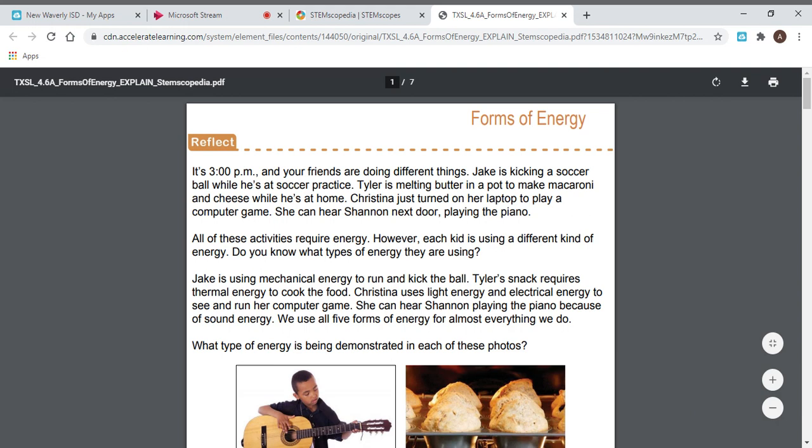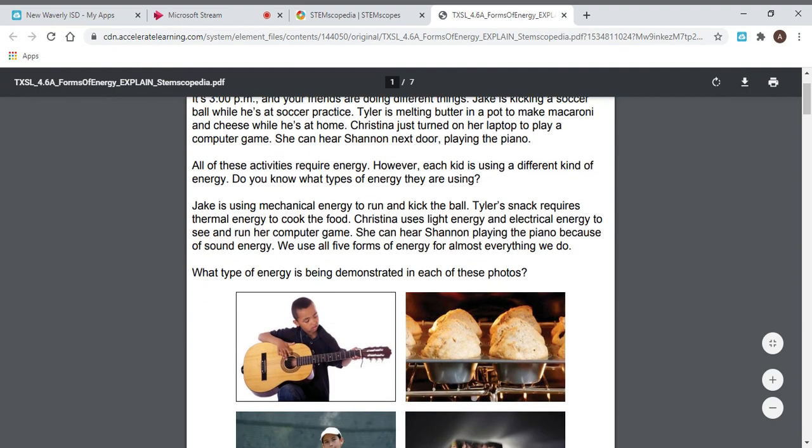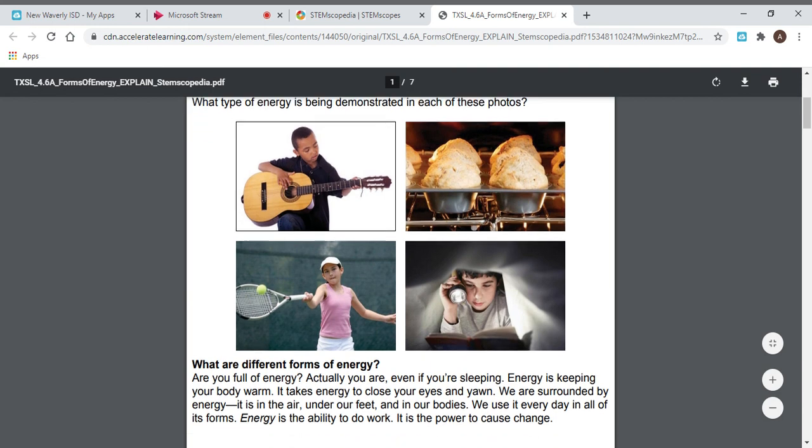What type of energy is being demonstrated in each of these photos? So we have the photos here. We have a child playing a guitar, someone cooking muffins, and then a child playing tennis, and then another child that is looking underneath the sheets using a flashlight.